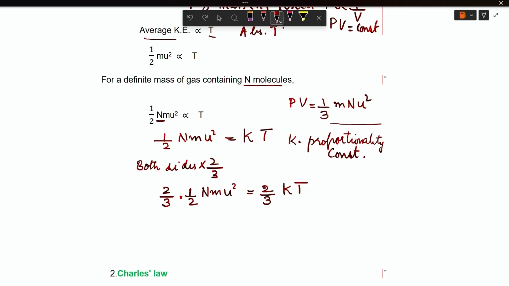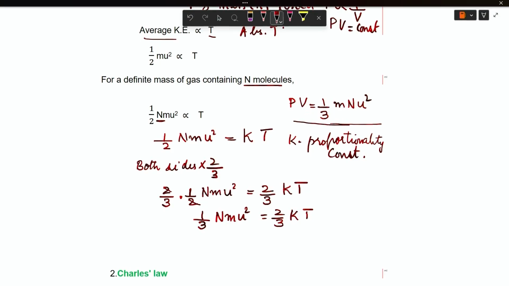Both sides are multiplied, so it makes no difference. Now you can cancel this 2 with this 2, and on the left hand side what is left is 1/3 N m u² equal to 2/3 kT.